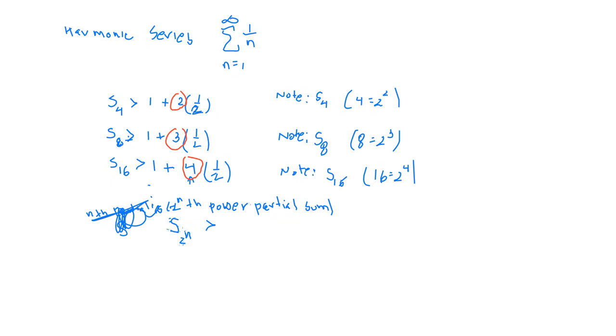Now, that partial sum is going to be greater. Based on the pattern we're seeing, it's going to be greater than 1 plus what to the half power? N. That's right, Leping.